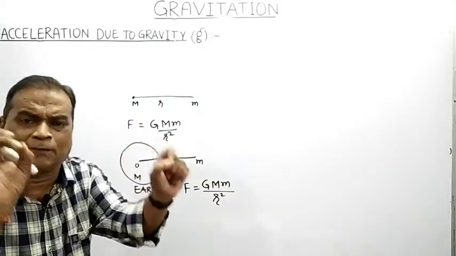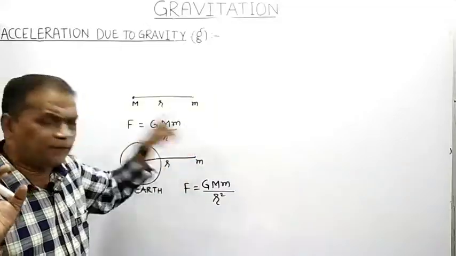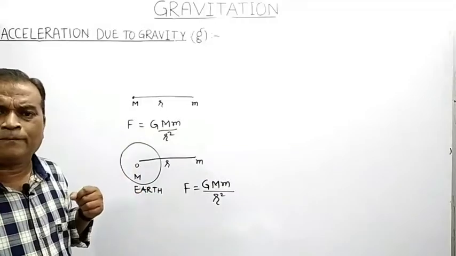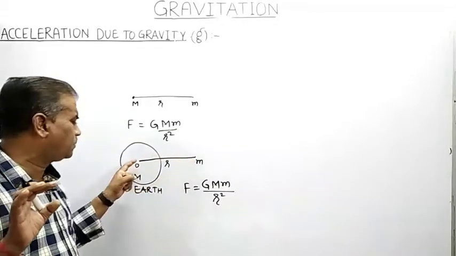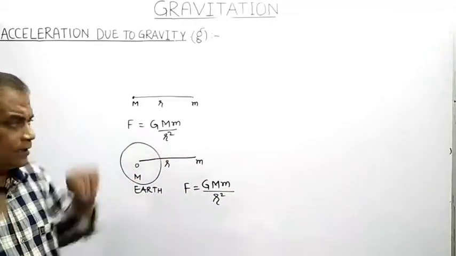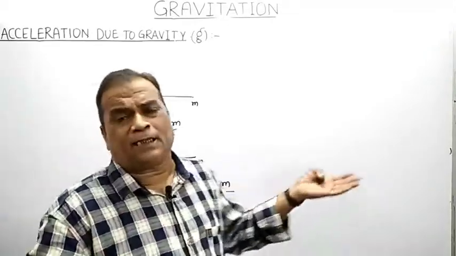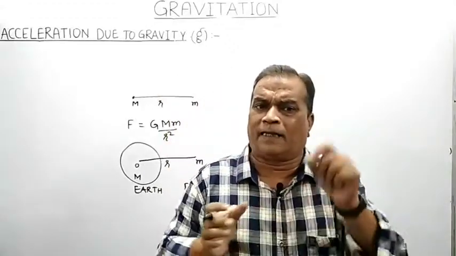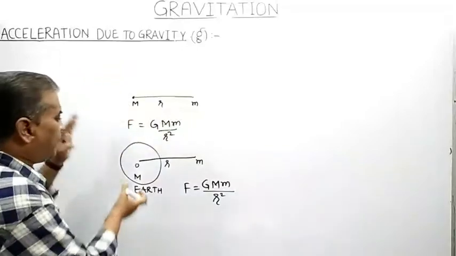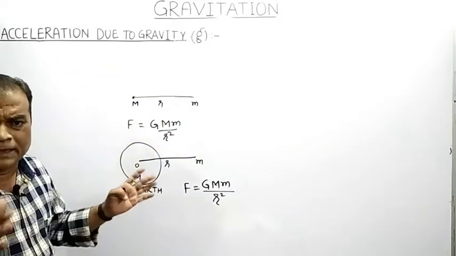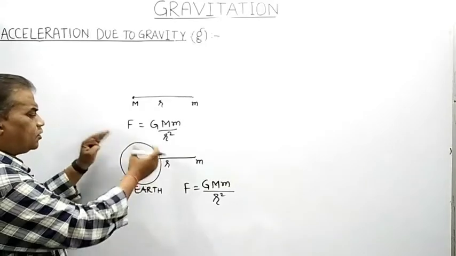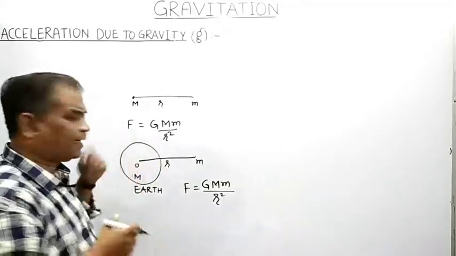That means you measure the gravitational force of attraction between the point particle and the center of Earth of mass M, and the distance of separation between them is the distance of that point object from the center of the Earth. When we derived Newton's law of gravitation, we also discussed that if an extended body is a sphere, then the whole mass of that sphere is supposed to be concentrated at its center.